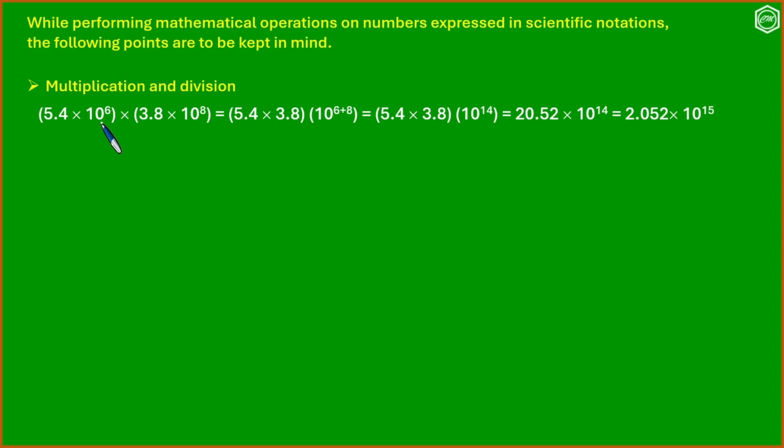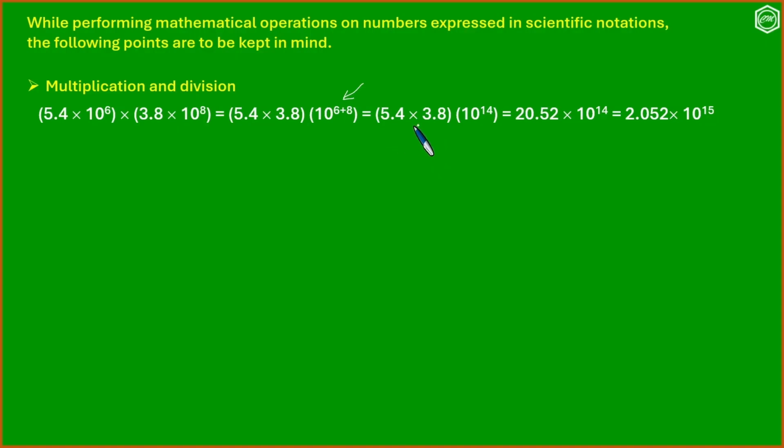Now in multiplication, we simply take the exponents outside and we add the exponents. That is 5.4 into 3.8, and we add the exponents, that is 6 plus 8. So it is 5.4 into 3.8 into 10 to the power 14.